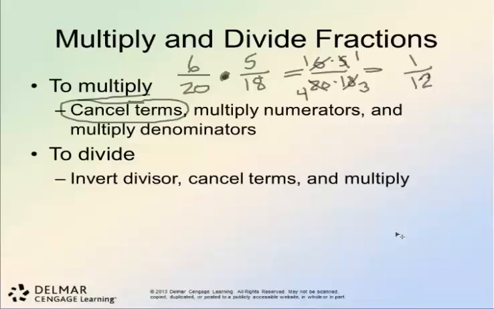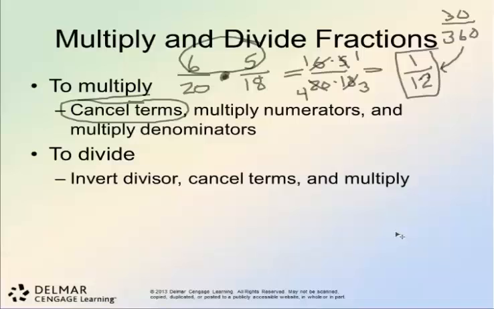And that's the same thing you would get if you went 5 times 6 is 30, and 20 times 18 is 360. Except now you have to reduce that fraction with larger numbers in it. They do both have a 30 in common, so if we divided by 30 over 30, we would get the same 1/12.